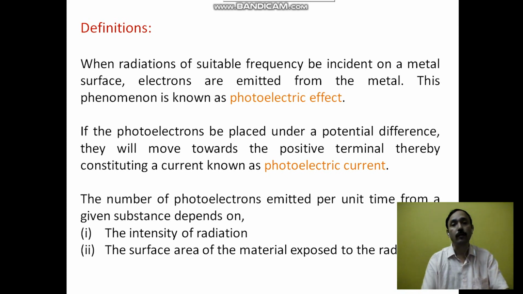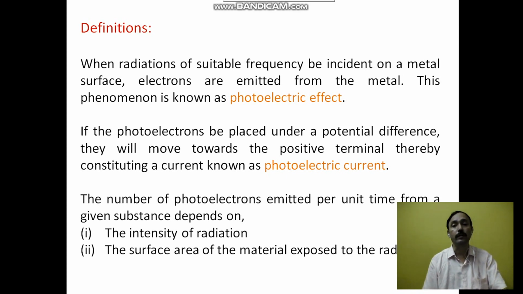If the photoelectrons are placed under a potential difference, they will move towards the positive terminal, thereby constituting a current known as photoelectric current. So when the electrons are moving towards the positive terminal under the potential difference, they constitute a current.